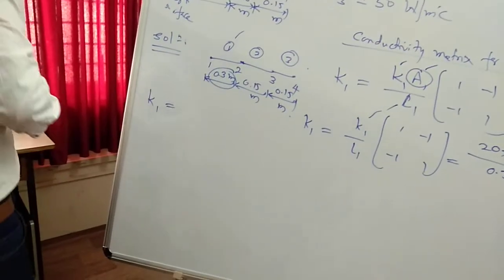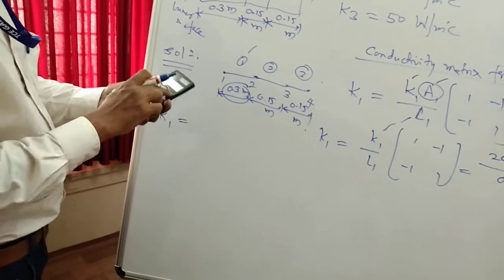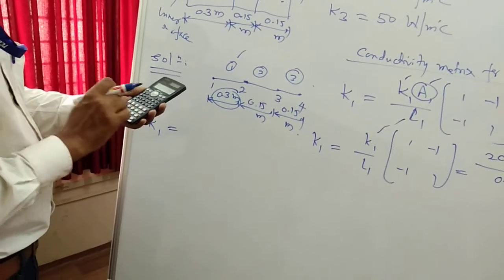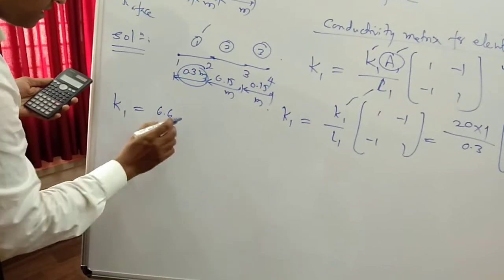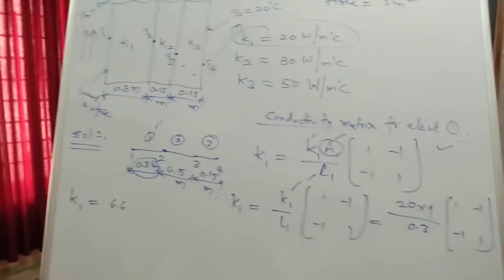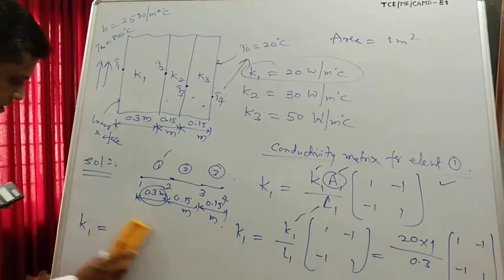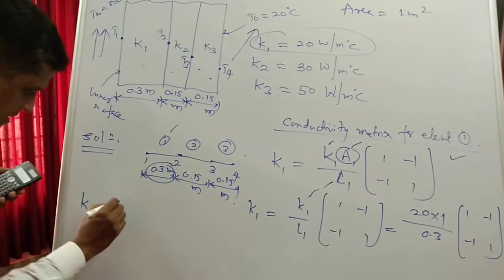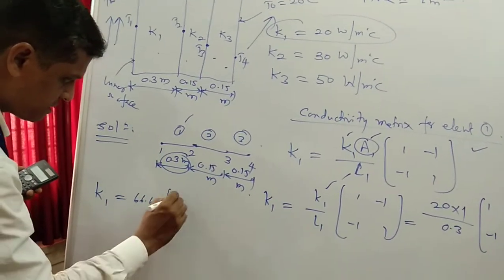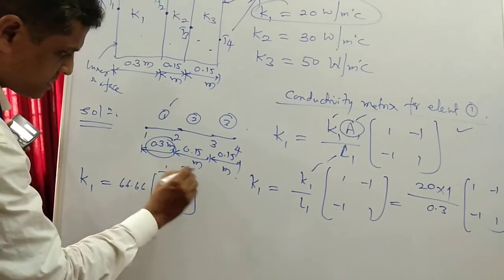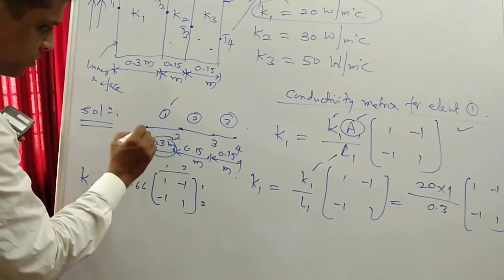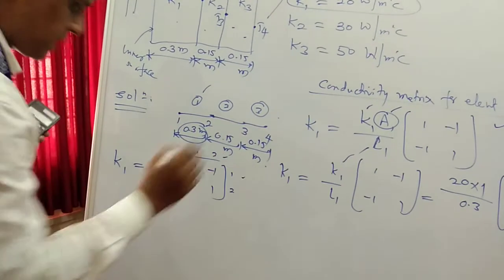Then the conductivity matrix for element 1, if you calculate 20 divided by 0.3, we got 66.66, times [1 -1; -1 1]. Now let us write the DOF numbers for element 1. It consists of two nodes, initial node 1, final node 2. Like this you write DOF numbers.